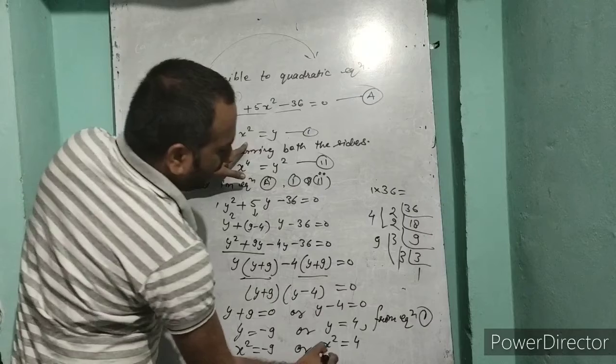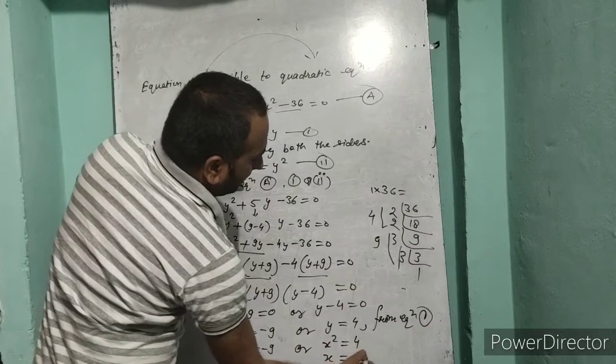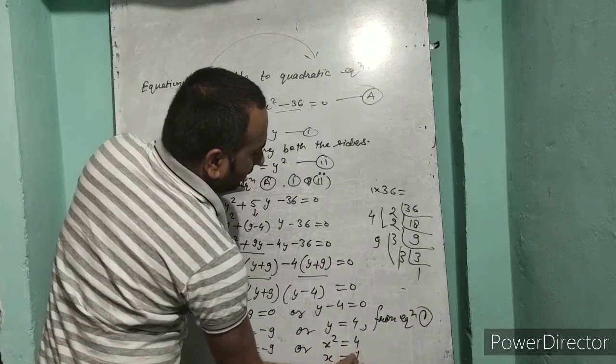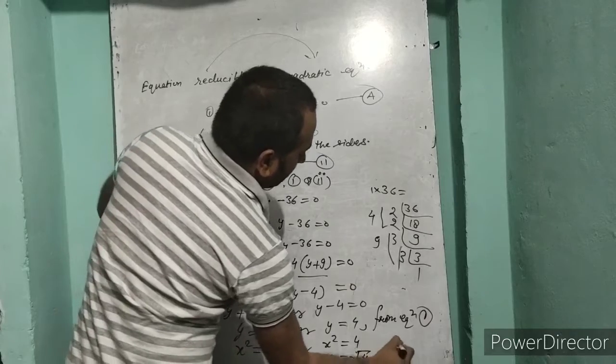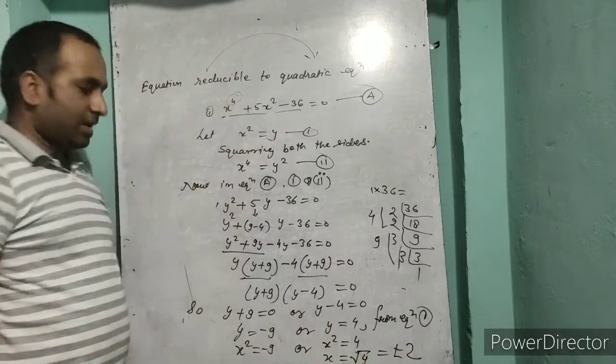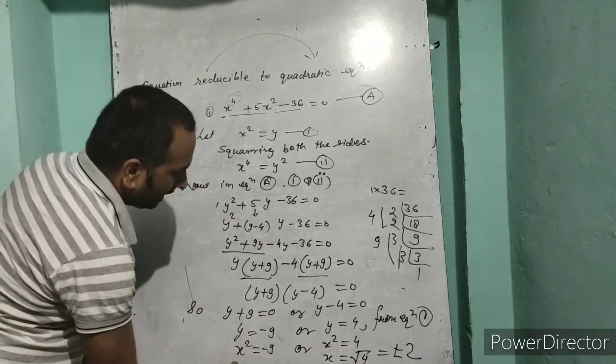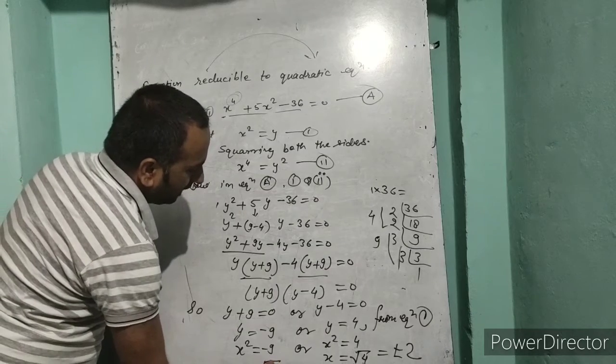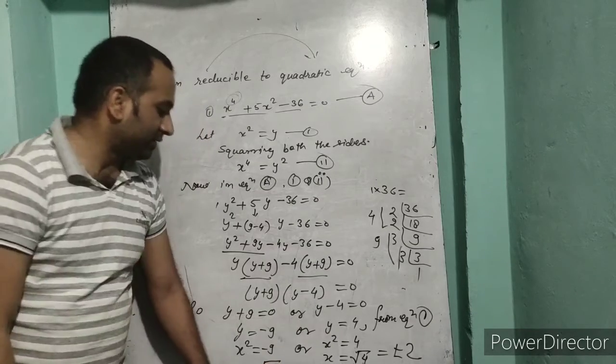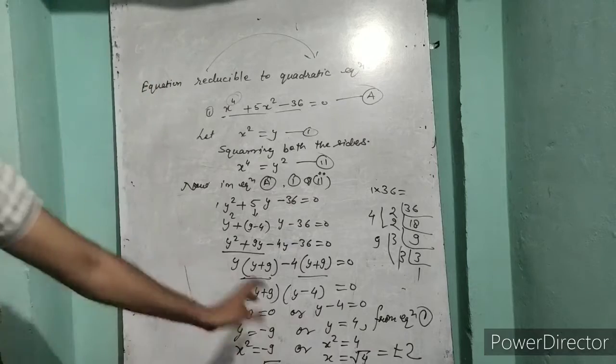Is it clear? So what is the value of x? x is plus minus under root 4, or you can write plus minus 2. And now what is x? Here x is under root minus 9. Okay, in this way you will get your values.